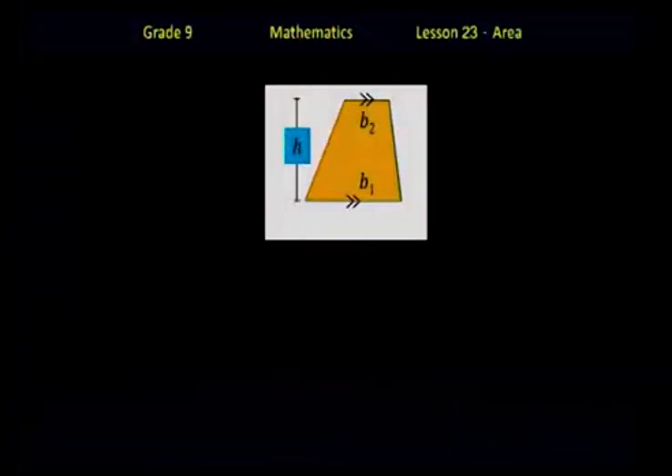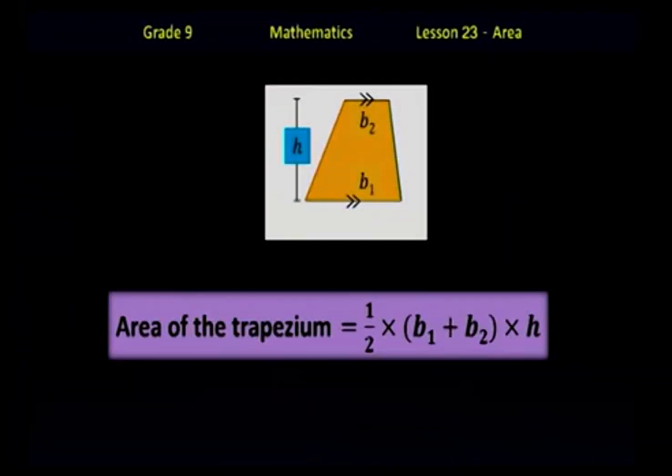There is a trapezium, two parallel sides b1 and b2, and the perpendicular height between them is h. Lastly, we can arrange the area of the trapezium this way: half into b1 plus b2 into h. Area of the trapezium is half into the sum of the parallel sides into the perpendicular height.